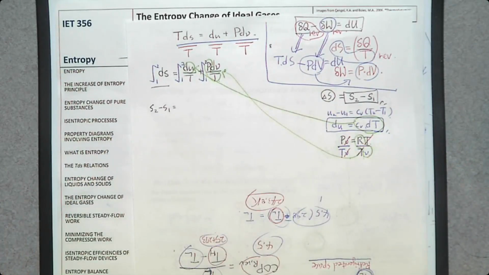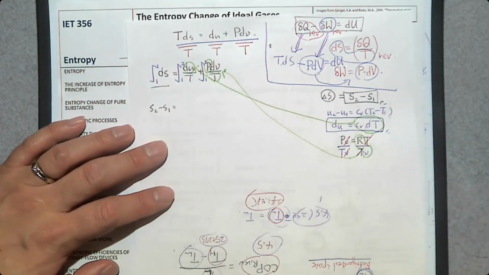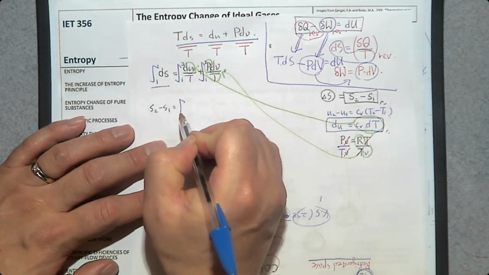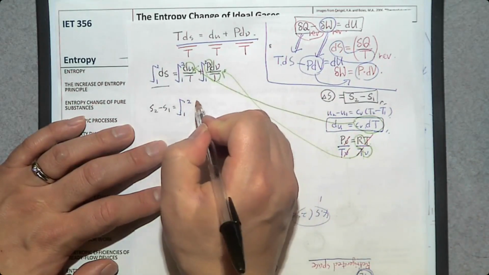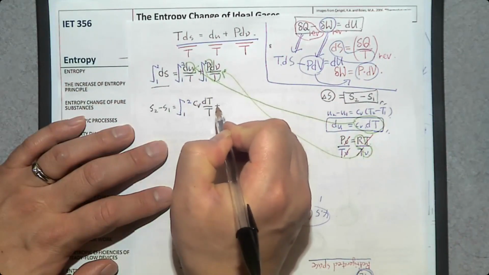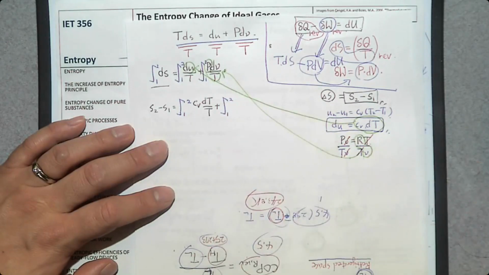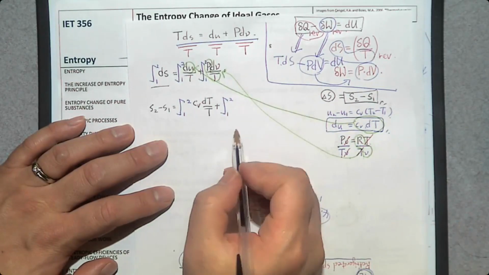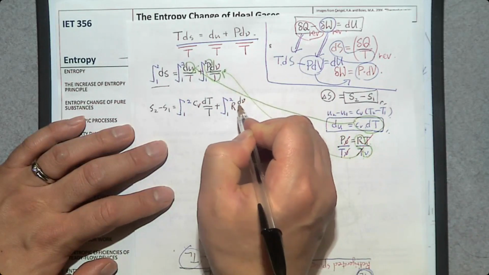Then we are going to have the integral from 1 to 2 of Cv dT over T plus the integral from 1 to 2 of R dv over v.